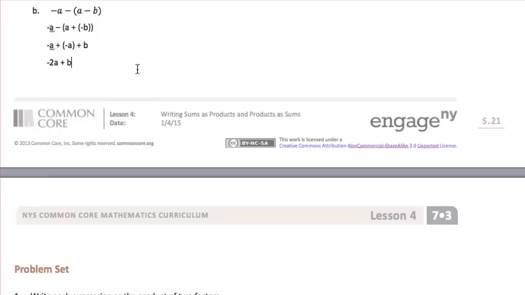Plus 1b, and there it is, negative 2a plus b. Remember when you're practicing to rewrite your subtraction as addition, because at this point in your understanding, it's probably very easy to make some pretty big mistakes otherwise.